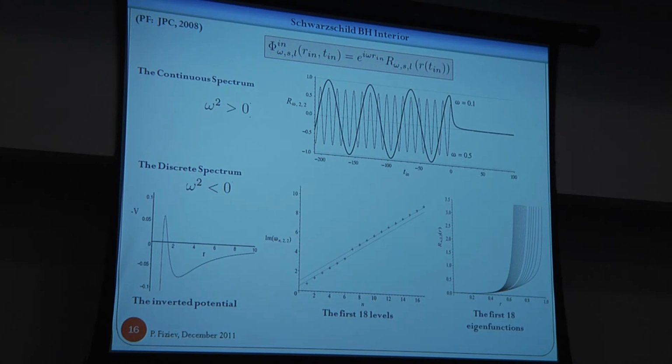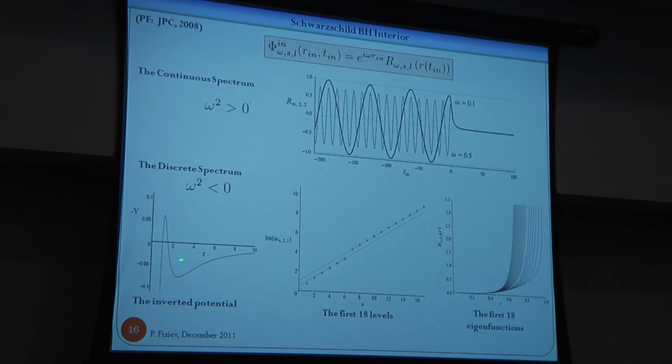Here I will show some solutions for the interior domain of the black hole. Here we have some potential. This is more or less studied, but I have numerical results, and we see that in the black hole interior, I mean, of course, the Schwarzschild black hole interior, we have two series of frequencies which correspond to this potential.